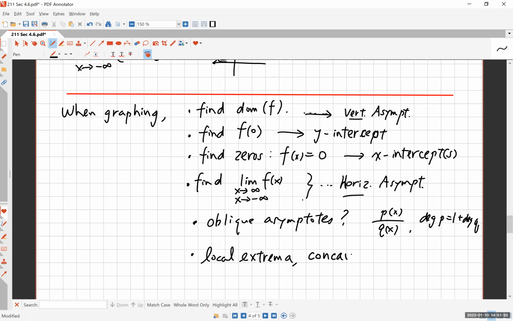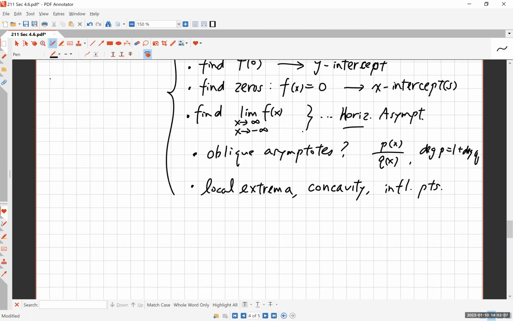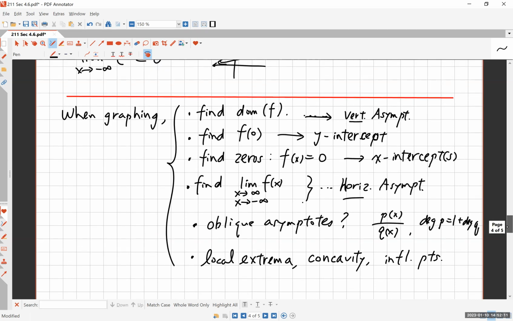Try to figure out concavity, concave up or concave down, inflection points, etc. All right, so now look, you have so many tools you can pull out of your toolbox with which to examine a given function f.